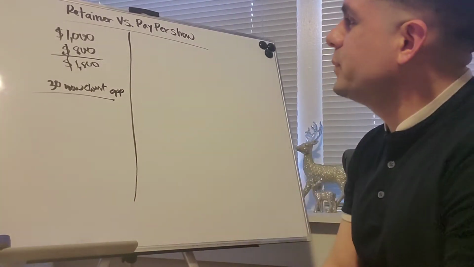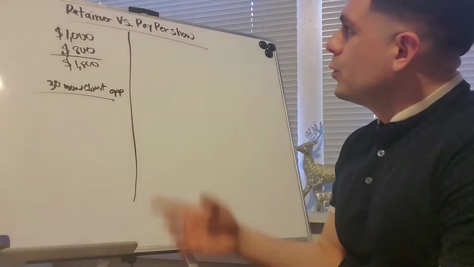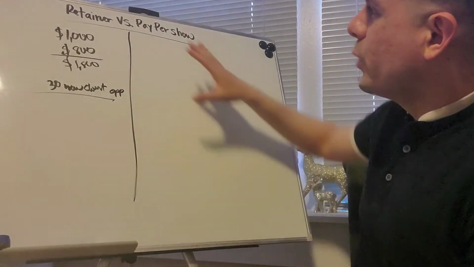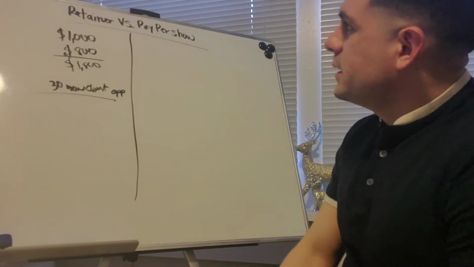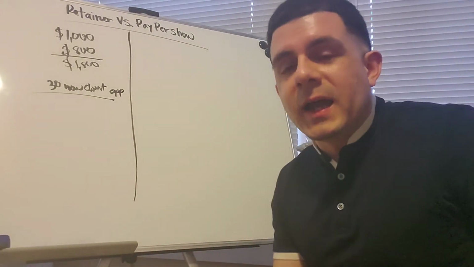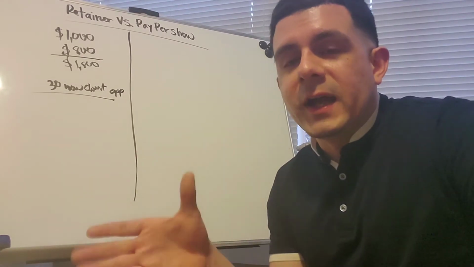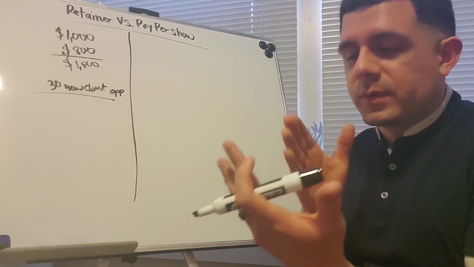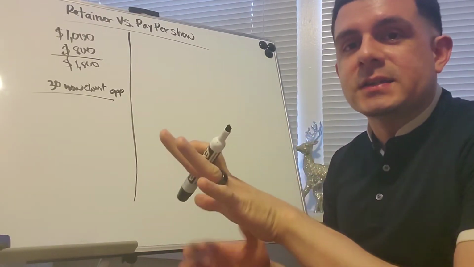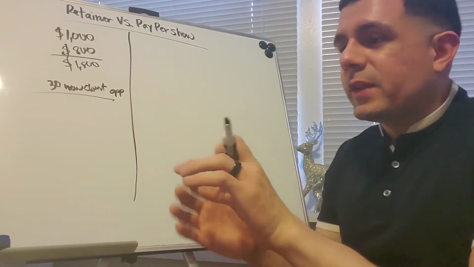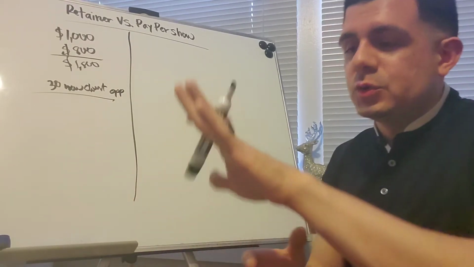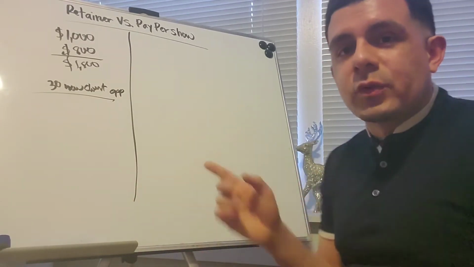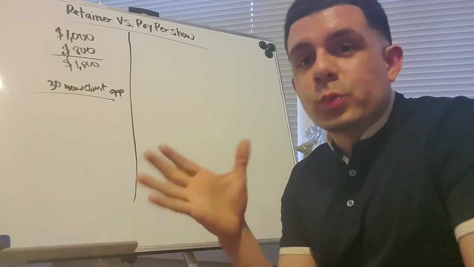So for the pay per show model, the way this works is that there's a software called Allen, and pretty much what it does is, when you're running Facebook ads for the client, rather than taking them onto a landing page, you take them onto Allen.